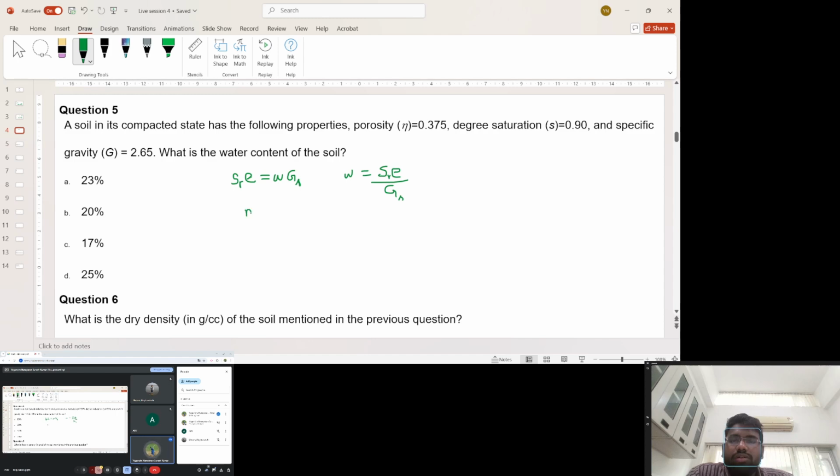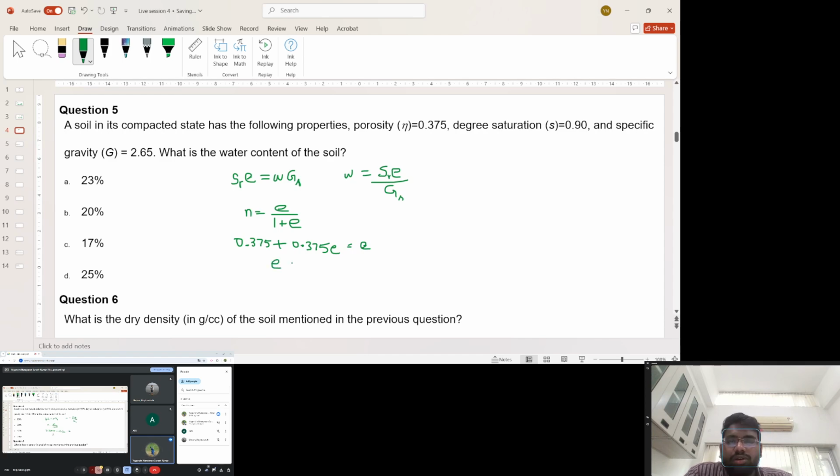So we know that porosity is equal to e by 1 plus e. So now 0.375 plus 0.375 e is equal to e, right?